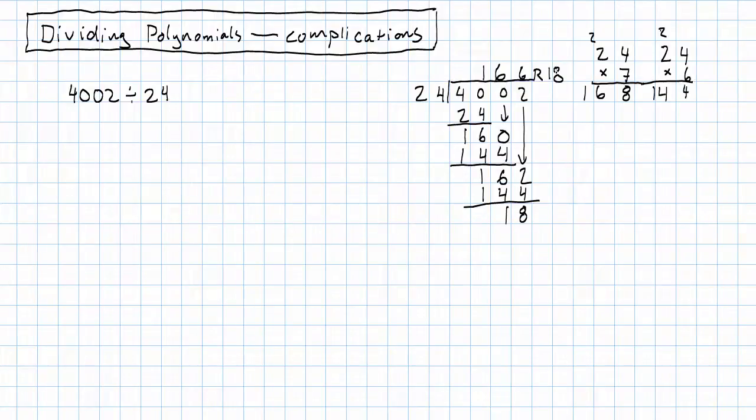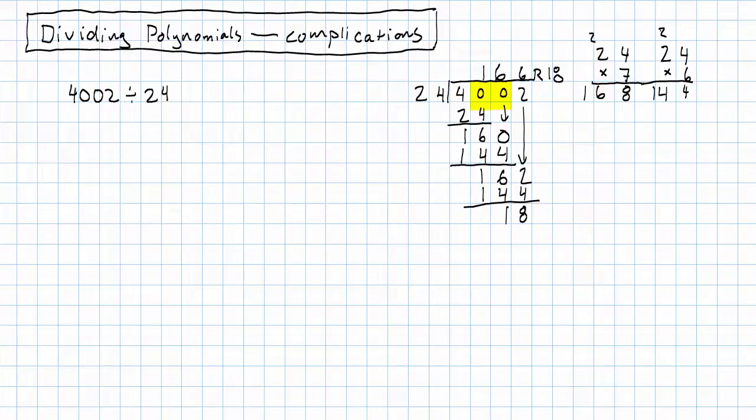Okay. Why am I looking at this problem? Well, this problem has something in it that turns out to make our lives complicated when we're doing polynomial division. And it's the fact that there are zeros.